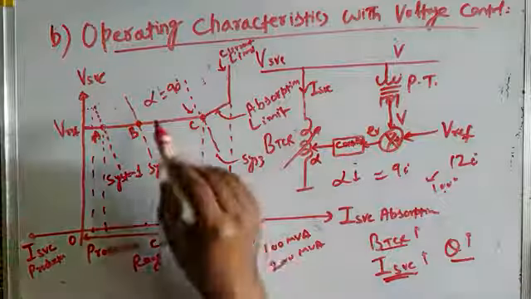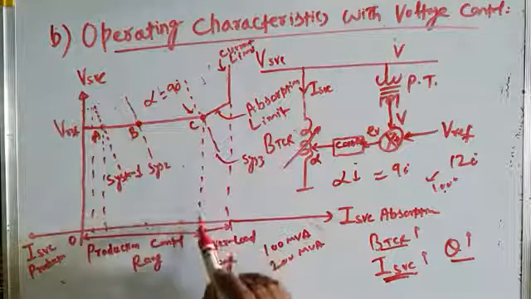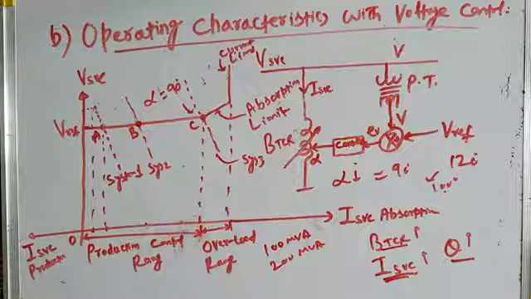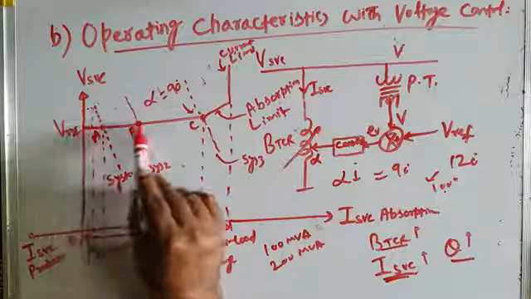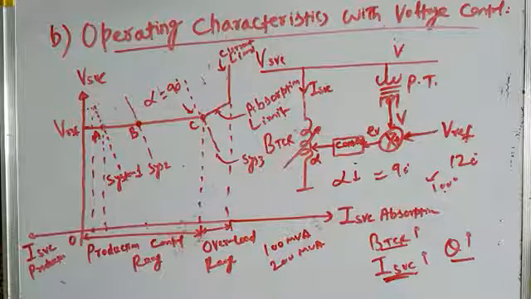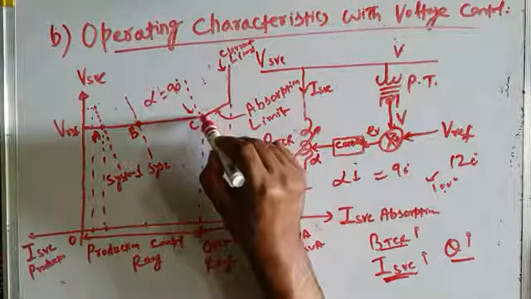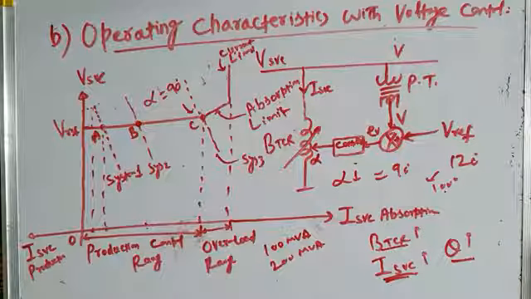Even if you have to operate your TCR at alpha equal to 90 degrees, when it draws maximum current and absorbs maximum reactive power, it will ensure that V is always maintained at V reference over this entire range by absorbing the desired amount of reactive power, and then it does not need to go into overload operation, or need this current limit control.